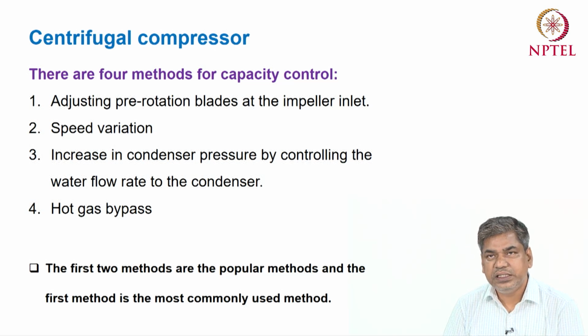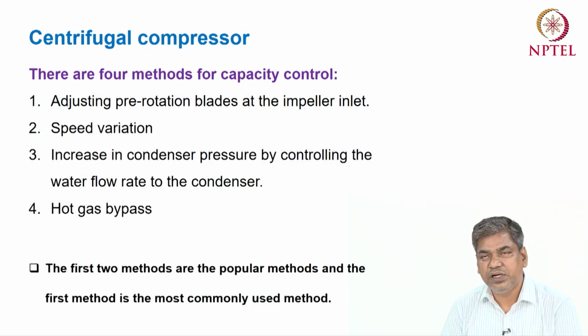By adjusting that pre-rotational blades or fixed vane, we can control the inlet flow rate to this compressor. That means ultimately we can control the mass flow rate of the refrigerant through this compressor. The second one is speed variation.